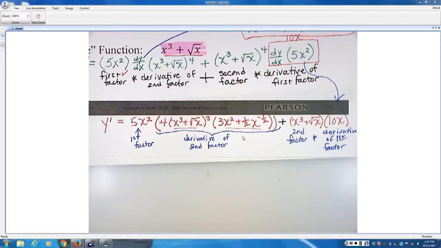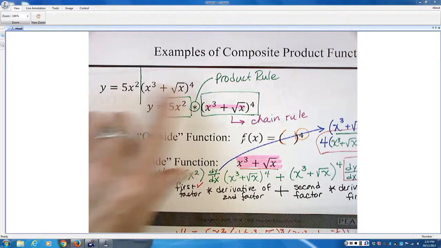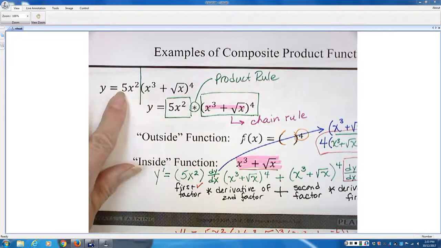And no, there is no simpler way to do it. I wish I could tell you there was, but there is no simpler way to do it. As close as you could come to a simpler way, you would have to actually multiply this quantity times itself 4 times, and then multiply the result by 5x squared to be able to use just power rule.